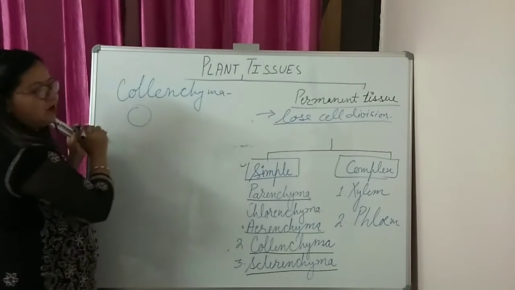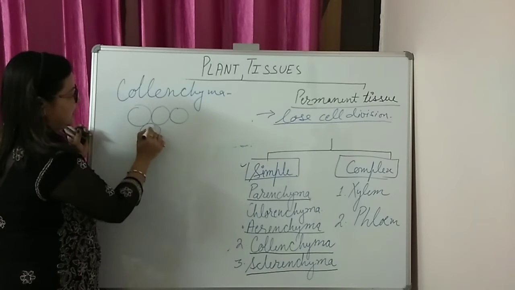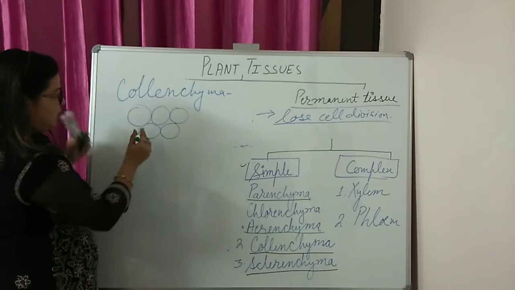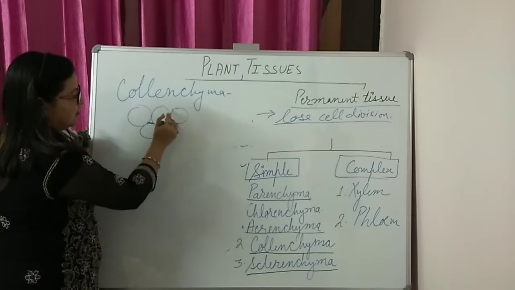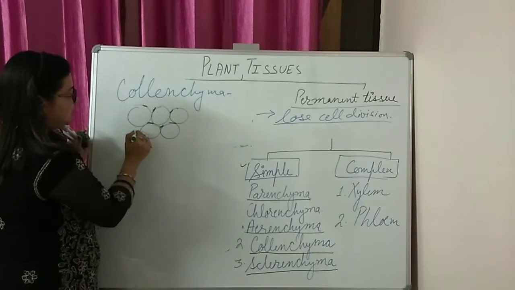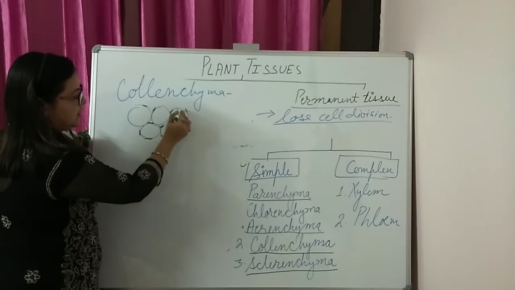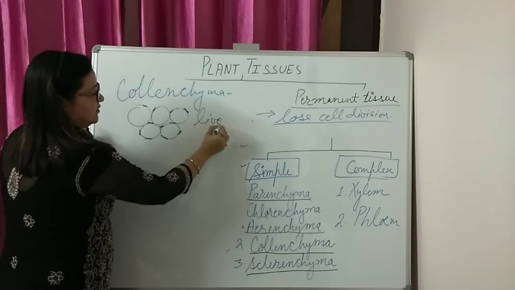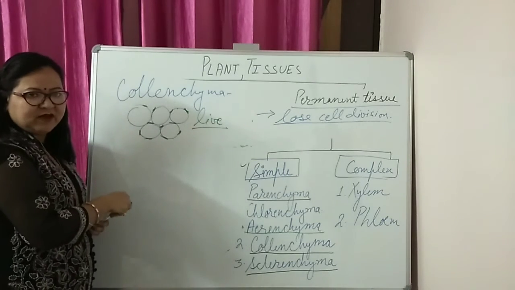Collenchyma cells: now there is a starting of thickening of the cells at the corner. The cell wall has thickening at the corner of the cell, so it provides mechanical support to the cells. The intercellular space becomes lesser, but still they are living cells. Where will we find these cells in the plant?